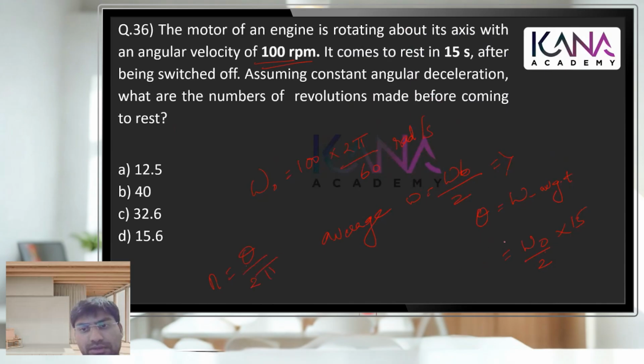So we have theta as this value, and if you substitute omega here into the equation, we will get n as 12.5. So there is equation 1. Substitute equation 1 in equation 2, then substitute that in this final equation 3.